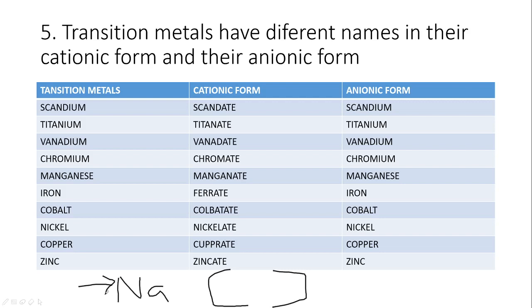Anion are positively charged element, and then the transition metal becomes the cation because opposites attract. So the anion attracts the cation, or the cation attracts the anion, because the cation is meant to have a lone pair of electrons, and the anion is always electron deficient, so it ends up being attracted to the cation. In the ionic form, this will tend to have a plus and this tends to have a minus.